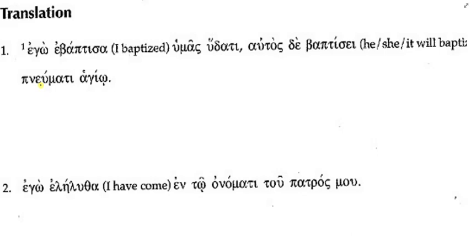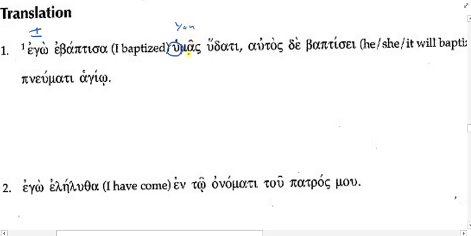Nah. All right. What's egō mean in number 1? I. Hymas. That's y'all. You see the U of y'all right there? Upsilon? Okay. So is this the nominative, genitive, dative, or accusative of you all? Accusative.